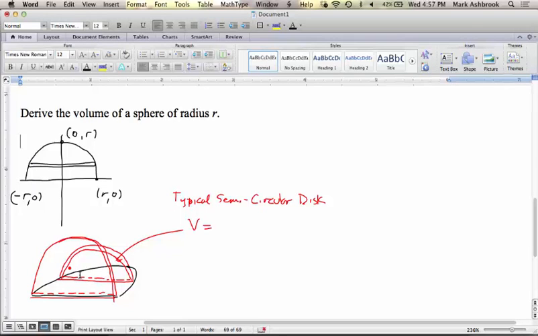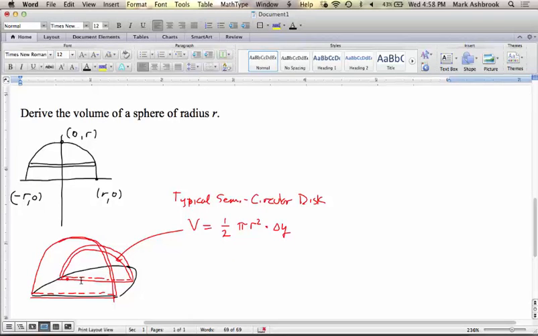What's the volume of that semicircular disk? It's going to be half the area of a circle, times this thickness here. It's going to be 1/2 the area of a circle, which is pi r squared, times thickness. And this thickness is going to be delta x or delta y? I'm going to do delta y.